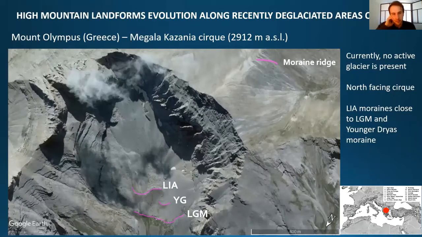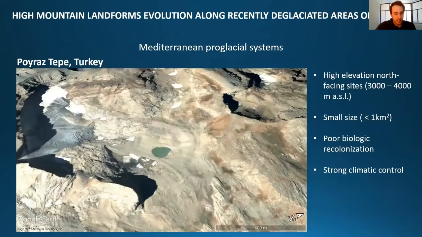But it's very interesting because in this system we can find Little Ice Age stage moraines close to Younger Dryas moraine and close to well-conserved Late Glacial Maximum moraine. So in a very few square meters, we can find a very interesting deposition of moraines.